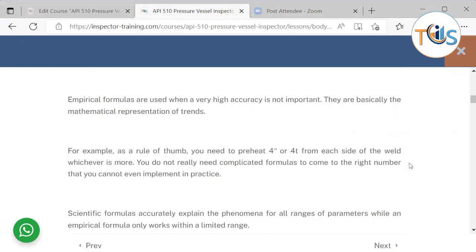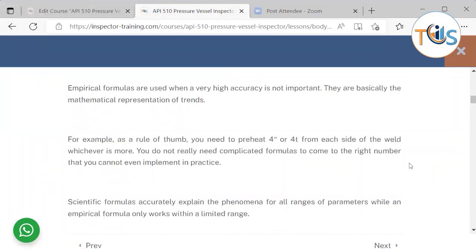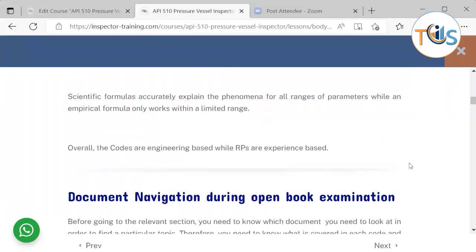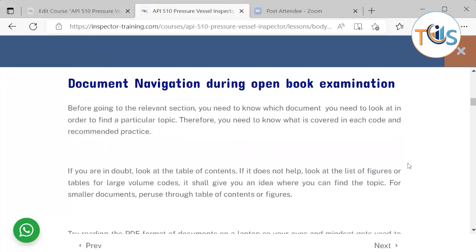You do not really need, for a practice, a very complicated formula to come to the right number. So in my opinion, the codes are mostly engineering based while RPs are experience based.